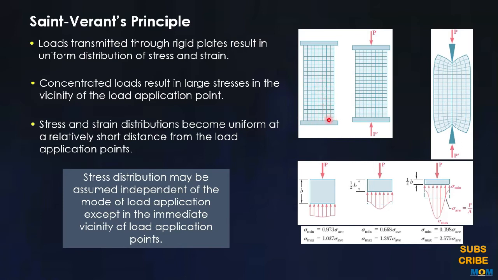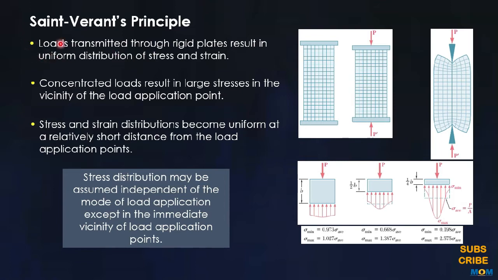So this is the case of uniform loading, and wheresoever you take the value of the stress, it is going to be the same. But once you apply a point load or the concentrated load like this in this figure, the concentrated load is applied at a point. Now along this line the value of stress is going to be very high.